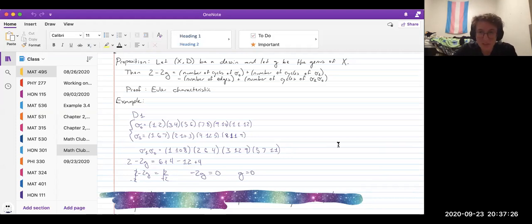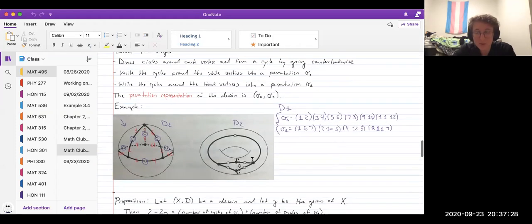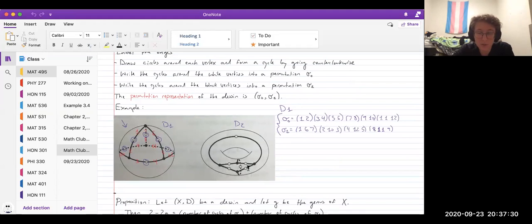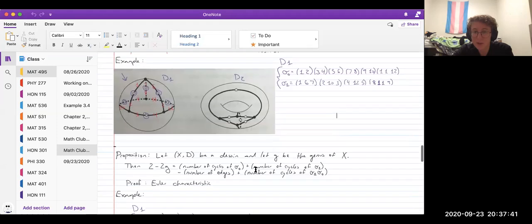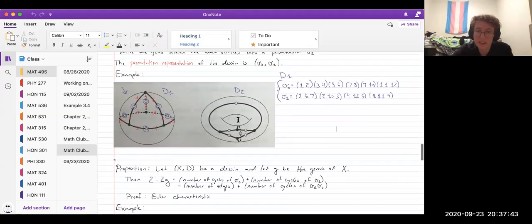And if we were to find the permutation representation for D2 and put it back into this equation, we would wind up getting that the genus is 1.